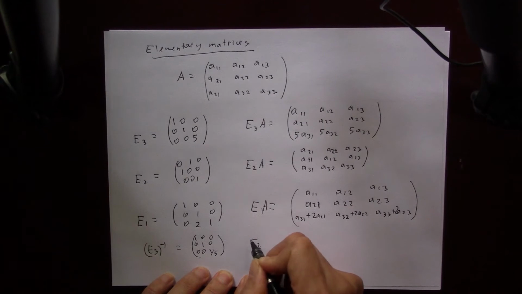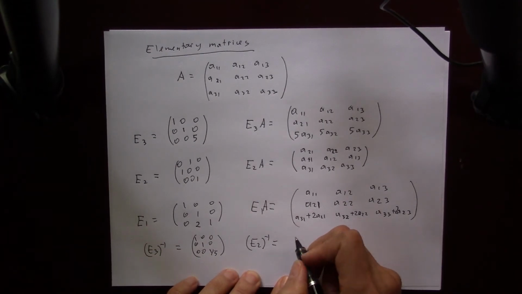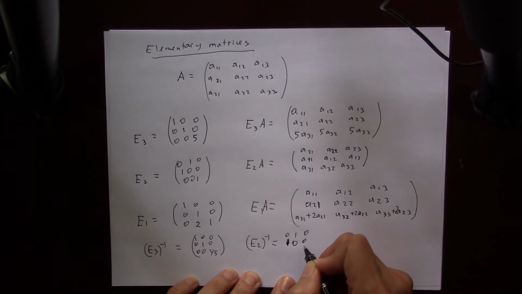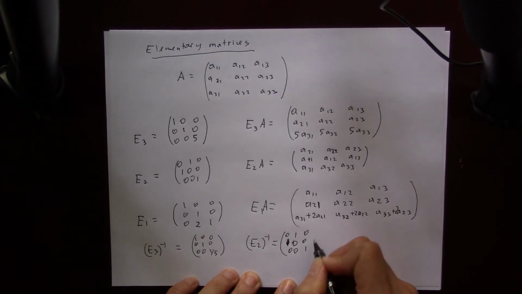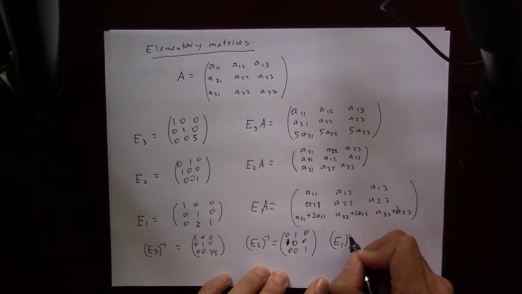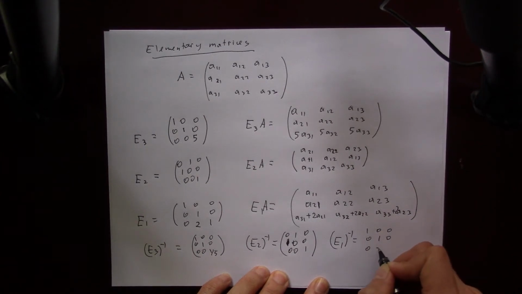E2 inverse is going to be E2 itself, and E1 inverse is going to be 1, 0, 0, 0, 1, 0, 0, minus 2, 1.